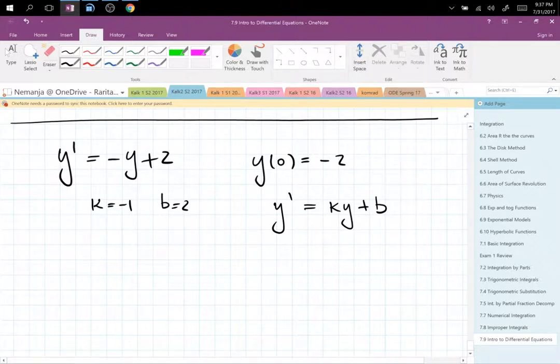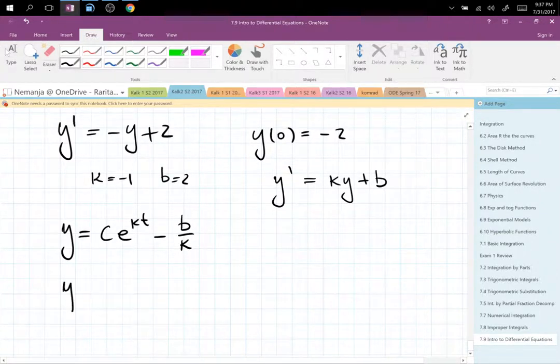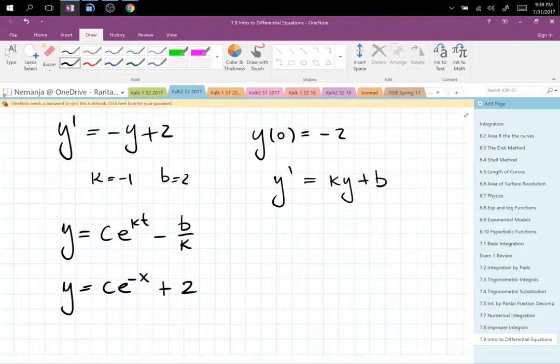The solution to the differential equation was y equals ce to the kt minus b over k. So y is equal to ce, k is negative 1, so negative x, minus and minus give me a plus, and then I have a 2 right there. There it is. Right? That's it.